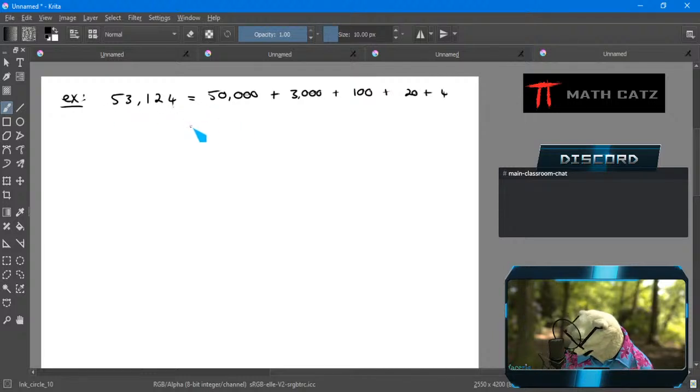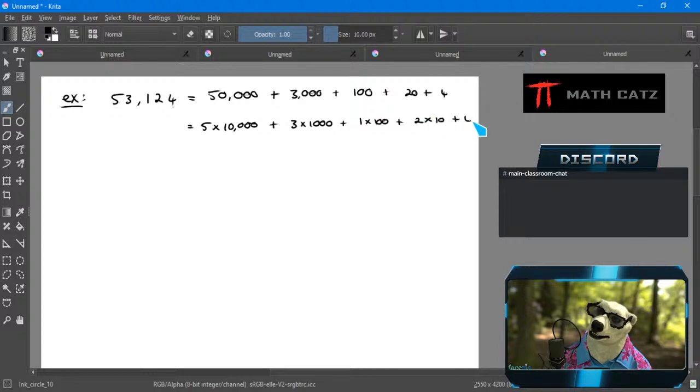What I'm then going to say is the first one is 5 times 10,000, right? The next one is 3 times 1,000. The next one is 1 times 100. Because it's not always going to be a 1, I want to emphasize that it is a multiple of 100. Then it's 2 times 10, and the 4 is just hanging out, waiting to see what on earth is happening here.